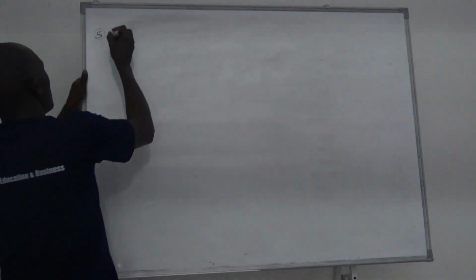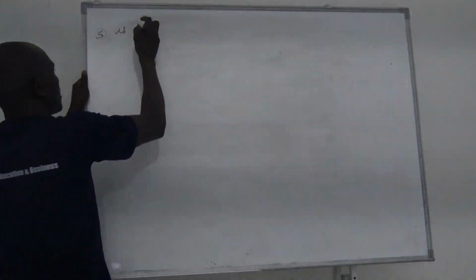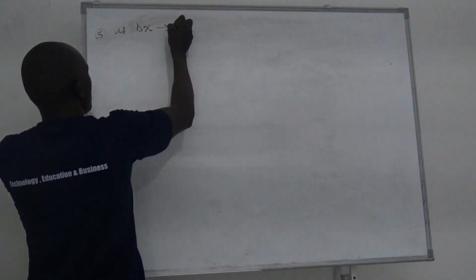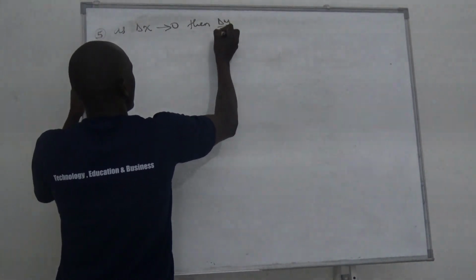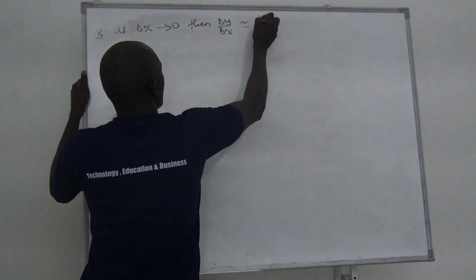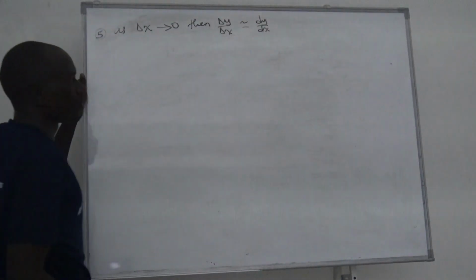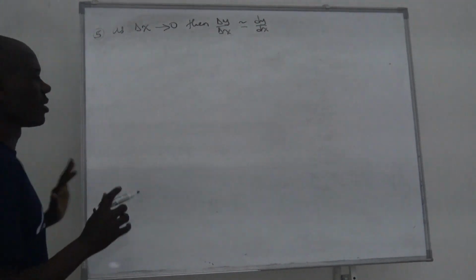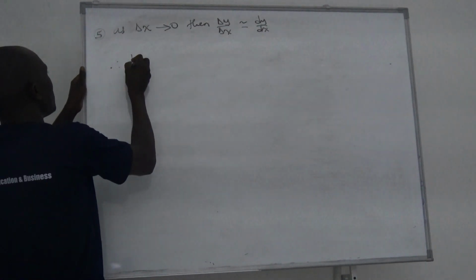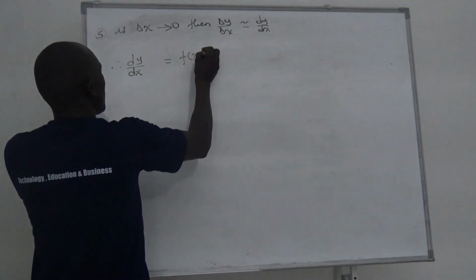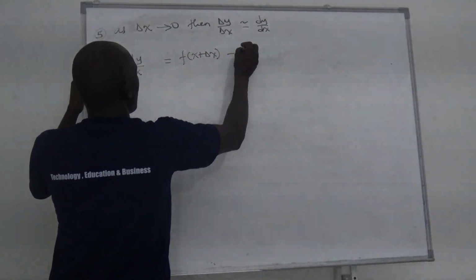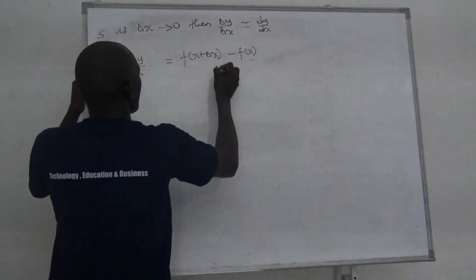Then we go to step 5. After dividing by delta x, we say as delta x tends to 0, then delta y over delta x becomes dy/dx. Therefore dy/dx equals f of x plus delta x minus f of x, all over delta x, as delta x tends to 0.